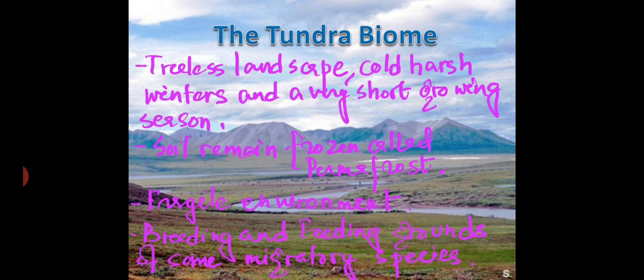Tundra is a fragile environment. At present, the greatest threat to tundra is caused by mining and oil and gas exploration. Since the growing season is very short, vegetation gets very little time to recover from the damage caused by these activities.